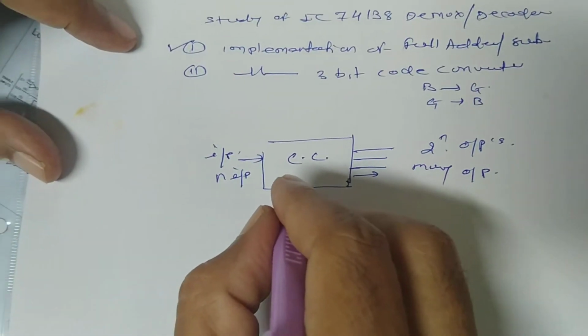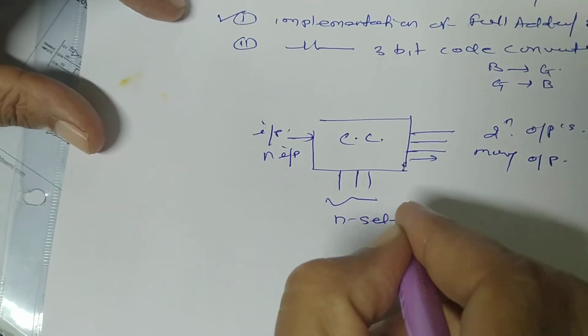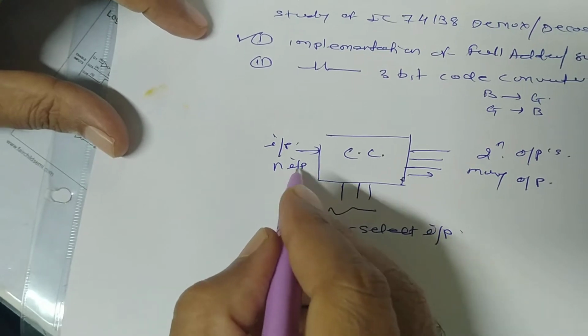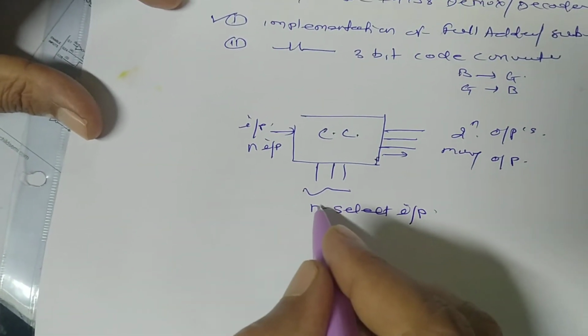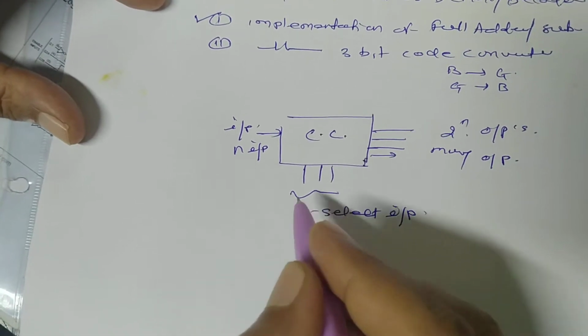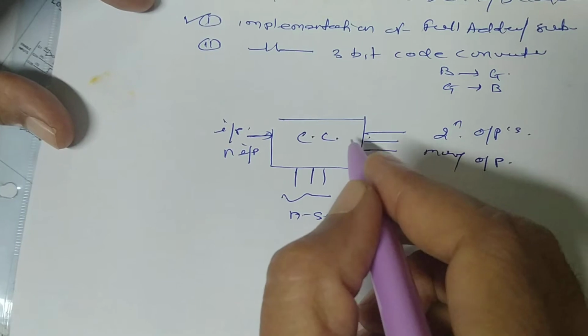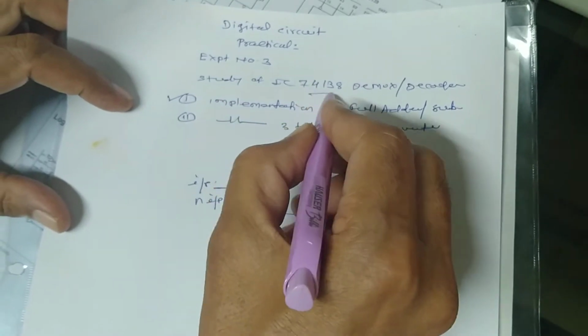Depending on the code applied at the select input, it will connect the input to the corresponding output. This is the demultiplexer. So we have to study this IC 74138.